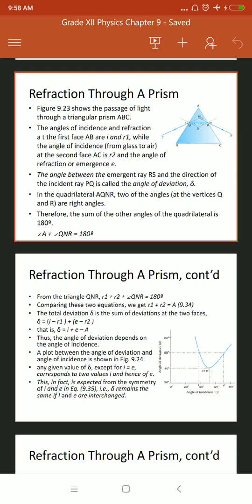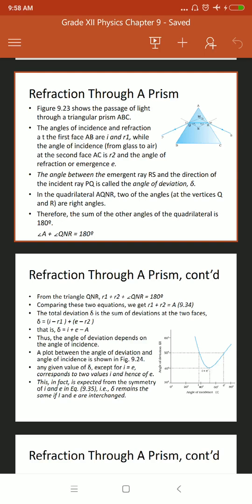So the sum of the other two angles of the quadrilateral would again be 180, because the angles at vertices Q and R are 90 plus 90, so the remaining two angles must sum to 180. That is, angle A and angle QNR, their addition would also be 180.